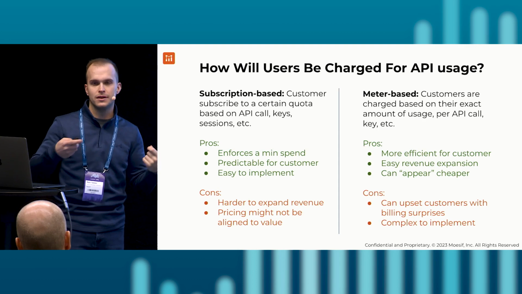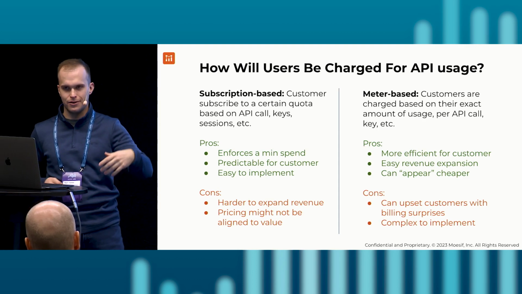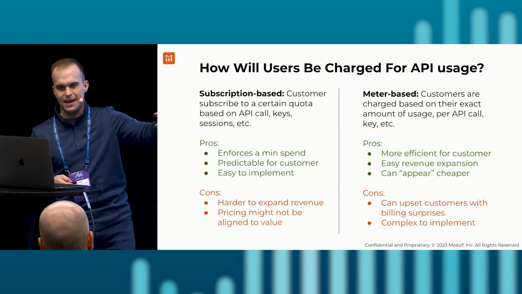Or, let's say you're using some type of database on Amazon RDS and you've gone way over top of your quota, you're getting charged for that. So as a customer, if you don't realize you're using that many API calls, you might be a little surprised. And it's complex to implement. To do a meter-based solution, you need a lot of technology in there to be able to manage that.